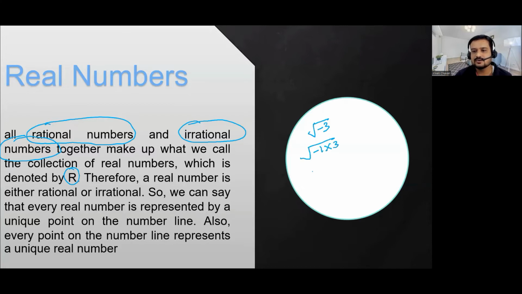Now the value of under root of minus 1 is equal to i. Now i is an imaginary number here and it becomes a complex number. So that is not our concern. You will study about complex numbers in class 11th and 12th. Okay.